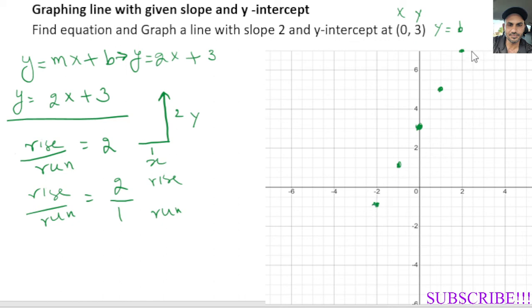So this is what the graph of the line is going to look like. I'm going to connect these points right here. So this is equal to y equals 2x plus 3. This is the graph of the line. This is the equation of the line, and the slope is 2, and the y-intercept is (0, 3) right here. And this is how you graph a line with the slope and the given y-intercept. Hopefully this helps.